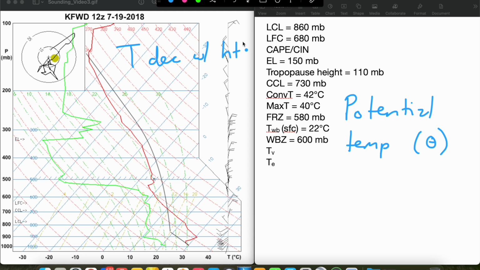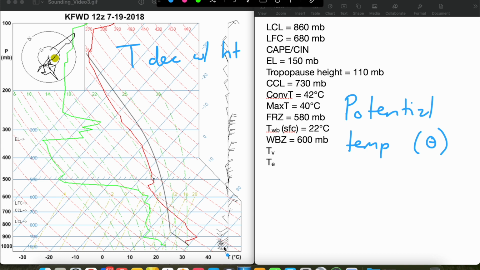But using the potential temperature, we can standardize all the temperatures by bringing them all back to 1,000 millibars, and thus we can compare the energy of parcels at different elevations. And because potential temperature is conserved during lifting and sinking, the potential temperature of a parcel lifted to 500 millibars is going to be the same as it was at the level that it was lifted from.